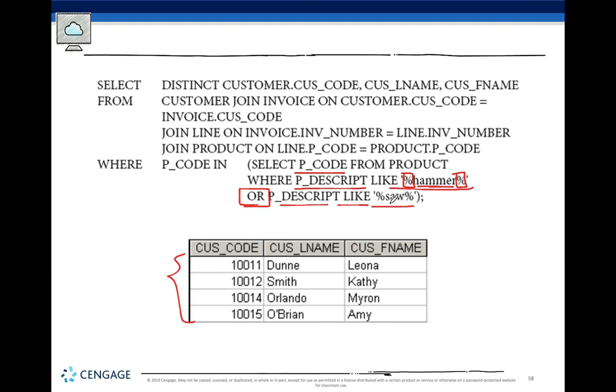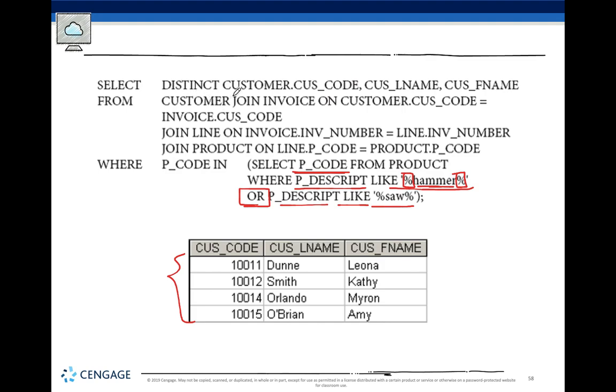description like saw. So the inner query runs first. As you remember, the inner query gets all the product codes that match these descriptions. And then the outer query runs. Now the outer query joins three tables, right?